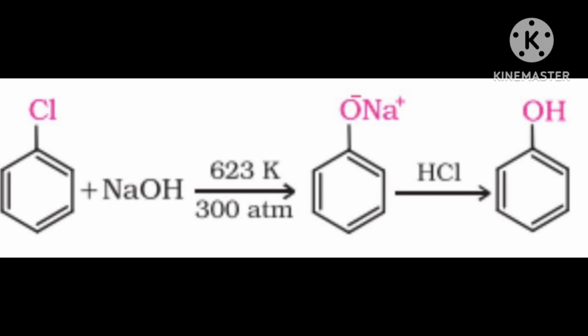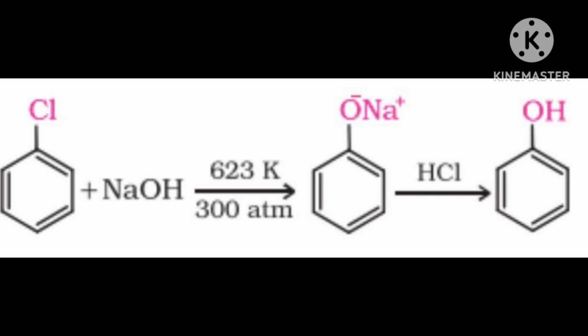Now this HSO3 is positively charged. In benzene, one H will go and in its place HSO3 will come. Means S will join with carbon and it will form benzene sulfonic acid.